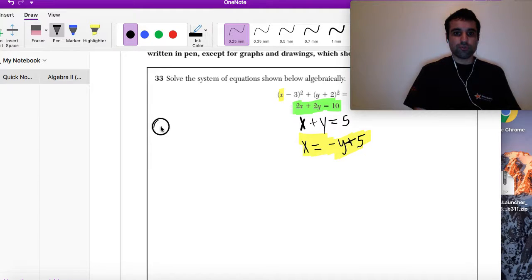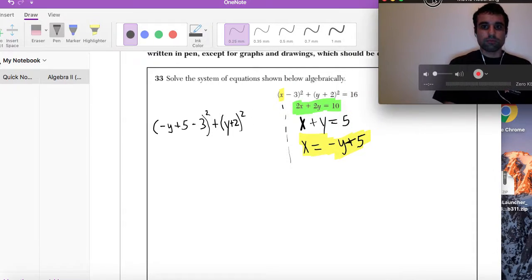So x is replaced with negative y plus 5, minus 3 squared, plus y plus 2 squared, equals 16.